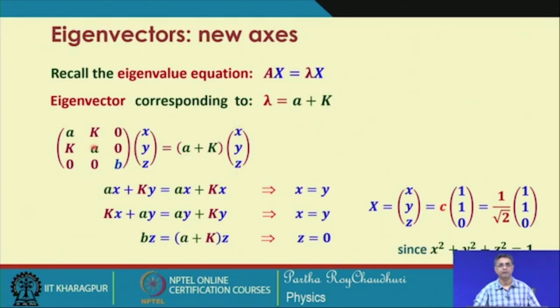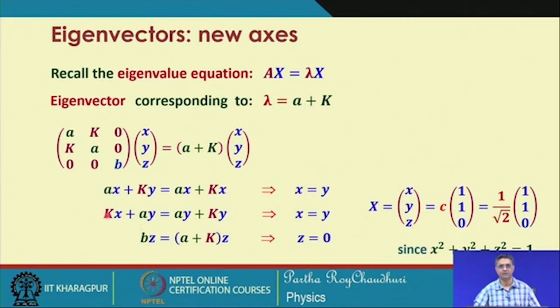If I take the 3 simultaneous equations obtained from this matrix equation, a x plus k y equal to a x plus k x, this simply says that if you remove a x from either side, then you end up with k y equal to k x. That means x must be equal to y.